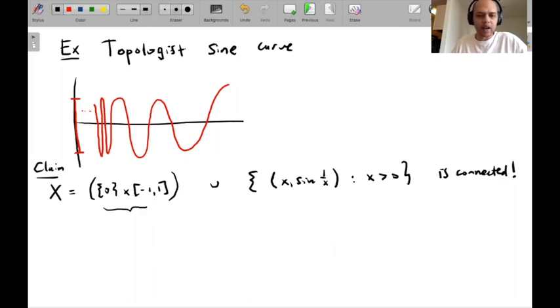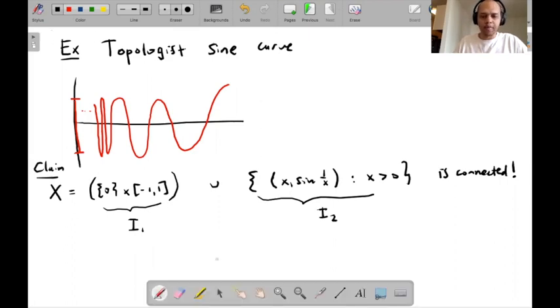But this set is not open. So let me give these names. Here's I1 and here's I2. So here's a sketch of an argument for the claim.